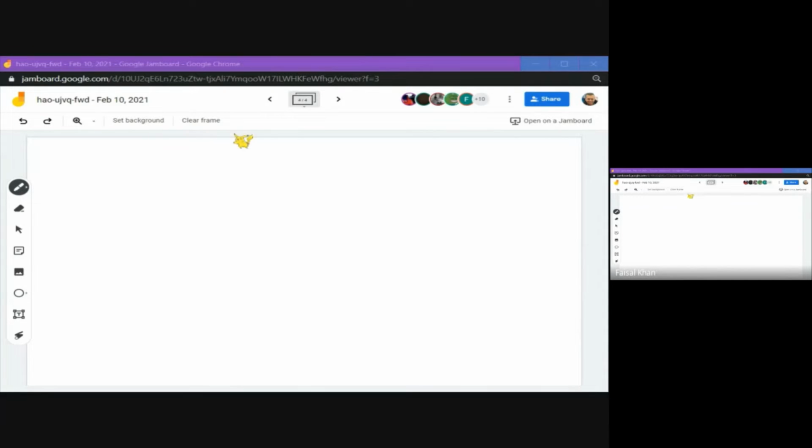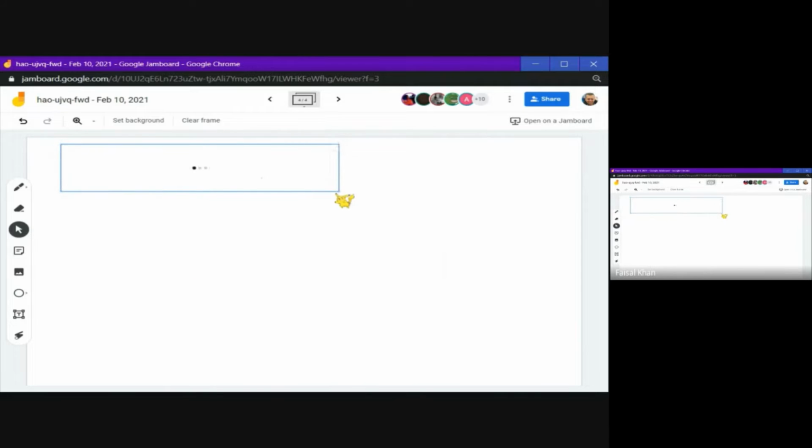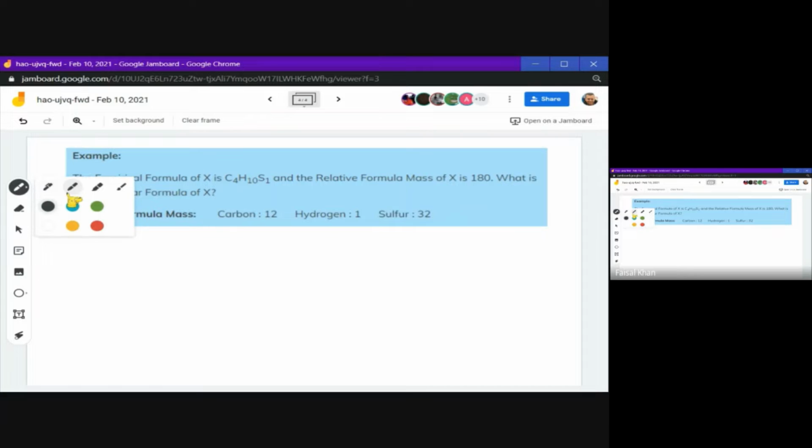This is a typical past paper question that has come up, changed around a little bit. The empirical formula of X is this. Remember that the empirical formula is the simplest whole number ratio. So we could have some possibilities.